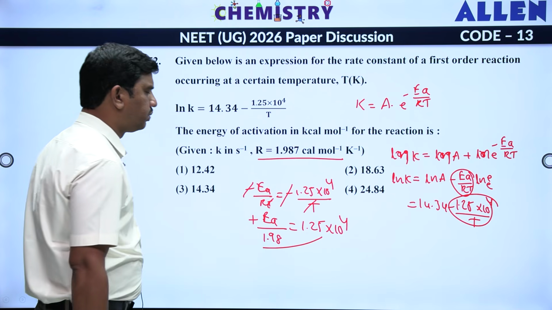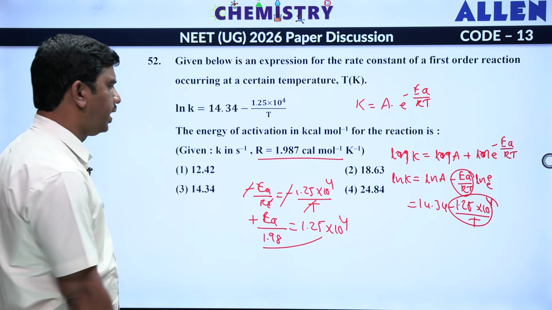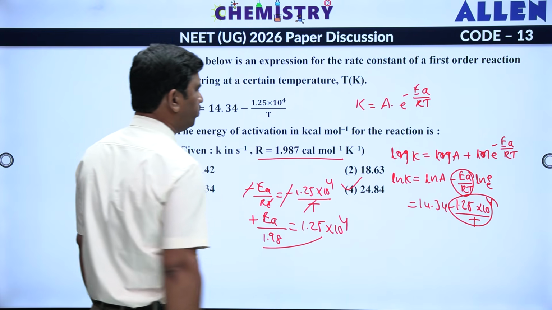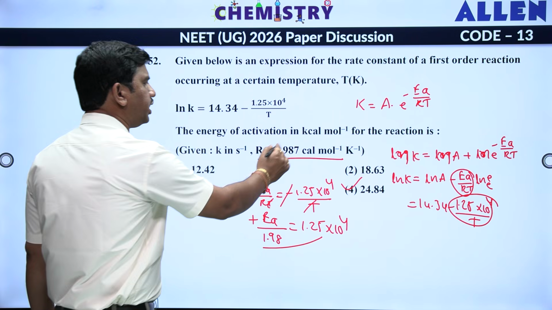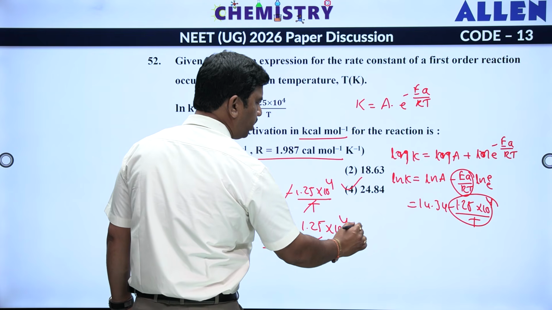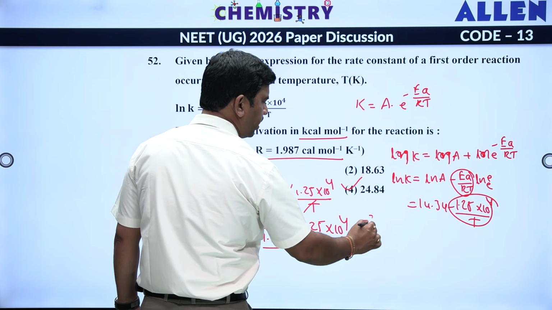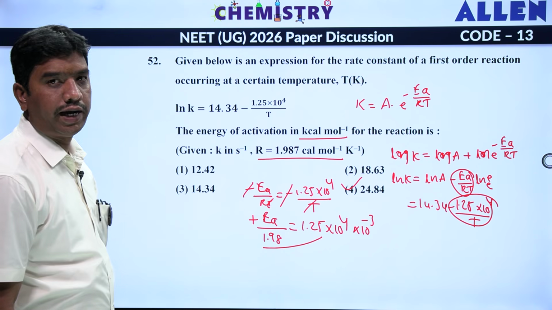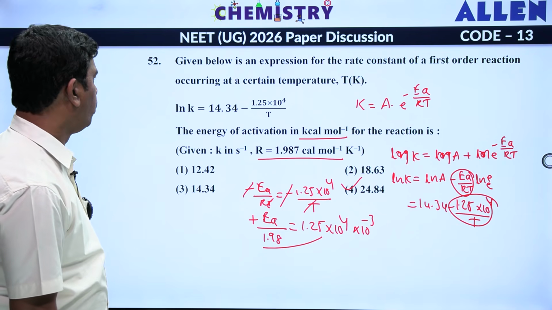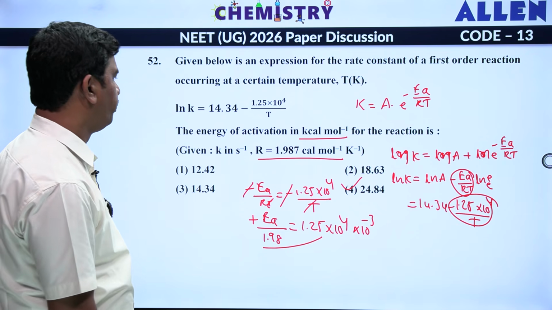If you multiply, the Ea value you will get is 24.84. Because they are asking in kilocalories, you have to multiply with 10 power minus 3. So you will get exactly option 4, question 52 is option 4.